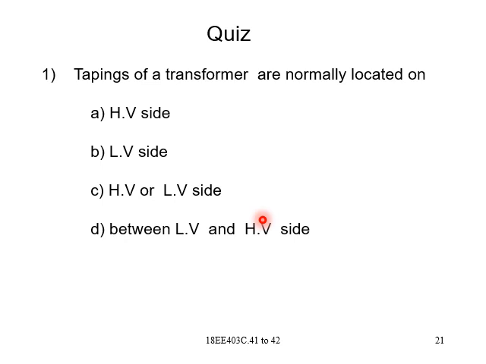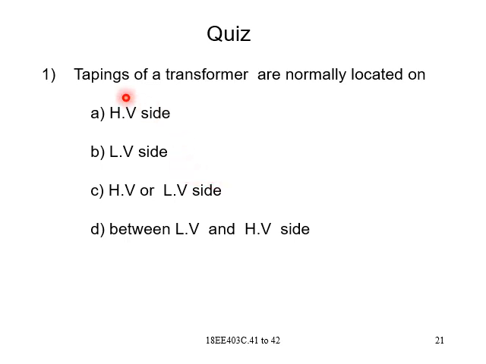As we have learnt in the previous cases, the tappings of a transformer are normally located on the HV side, because in the HV side we have low currents, that is one point, and the other is the LV winding is placed next to the core, and the HV is placed over the LV.